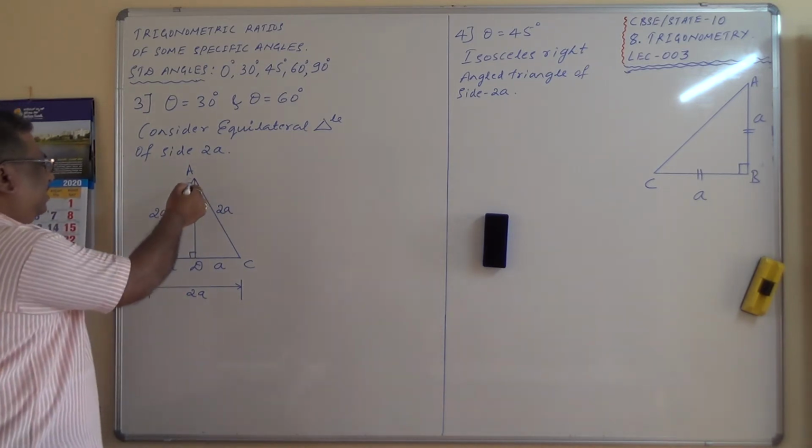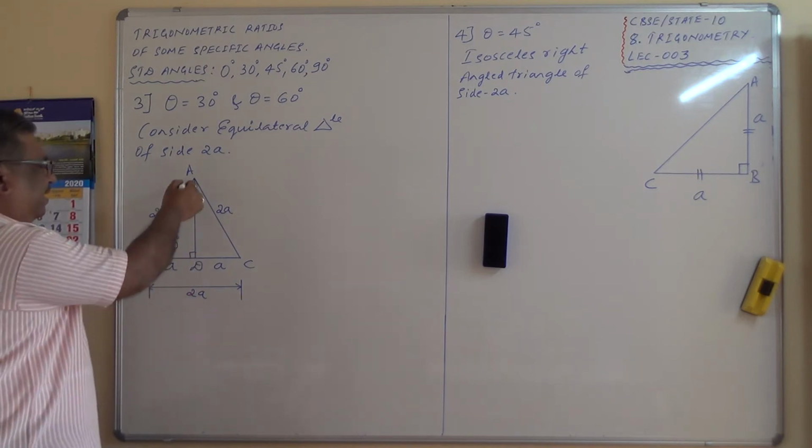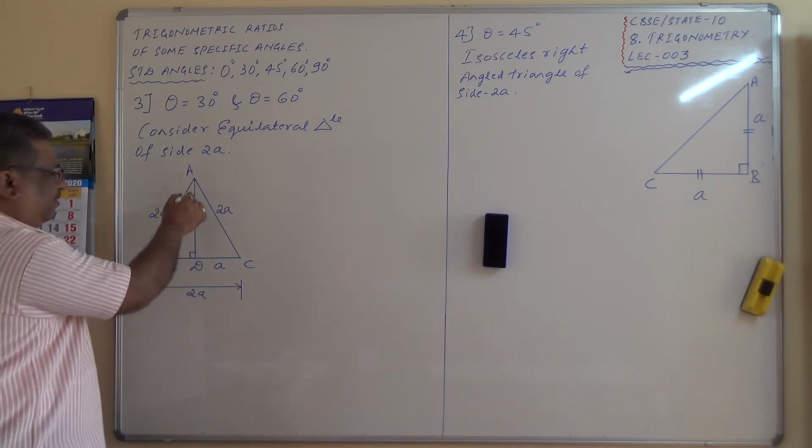So I am considering right triangle ABD. In right triangle ABD, I'll try to find out AD here.